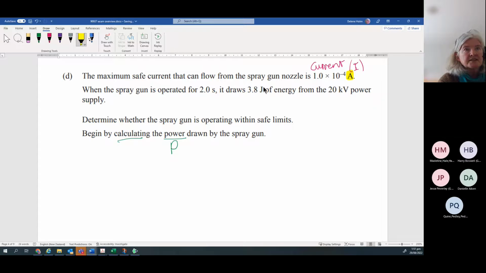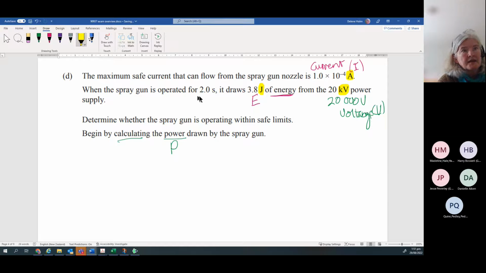We know that that is J, so it's joules, and we are also told that it's energy, and that is E. We are also told this is kilovolts, so that is 1000 volts. And so this is 20,000 volts of voltage, which is V.